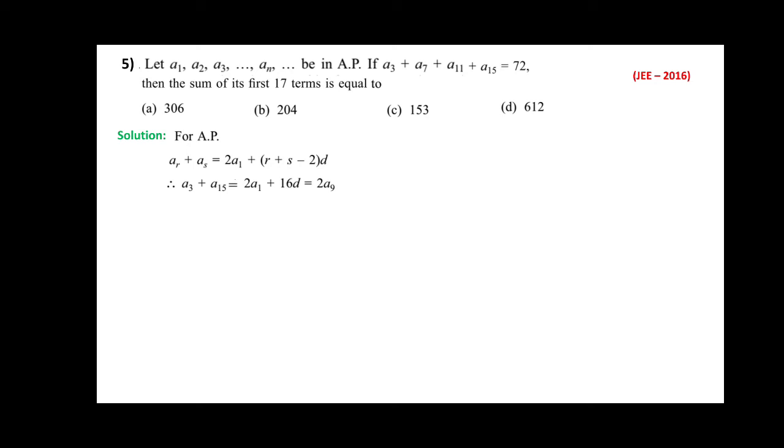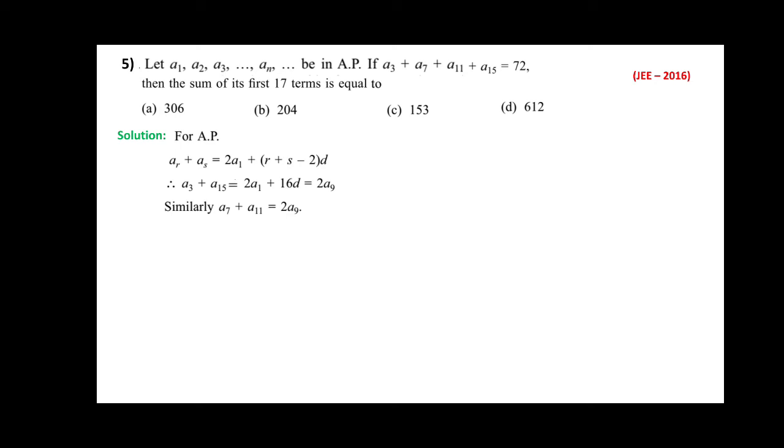Therefore, this is equal to 2 into A9. Similarly, A7 plus A11 will also be equal to 2 into A9, following the previous procedure, because that is also 2A1 plus 16D only.